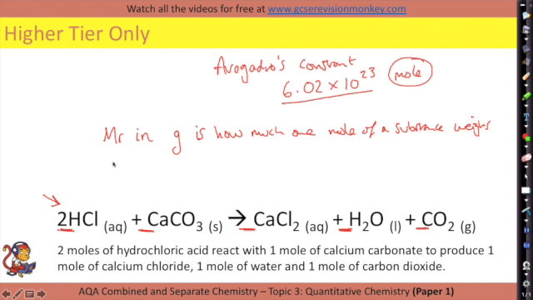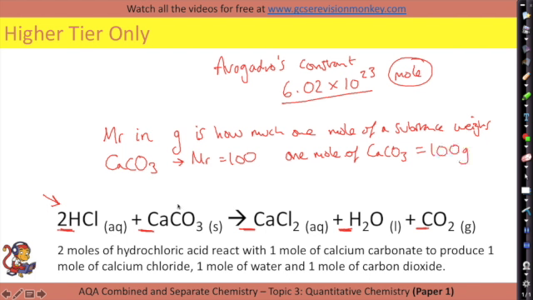For example, the relative formula mass of calcium carbonate from the previous slide we worked out as 100. So it has a relative formula mass of 100. So 1 mole of calcium carbonate would equal 100 grams.